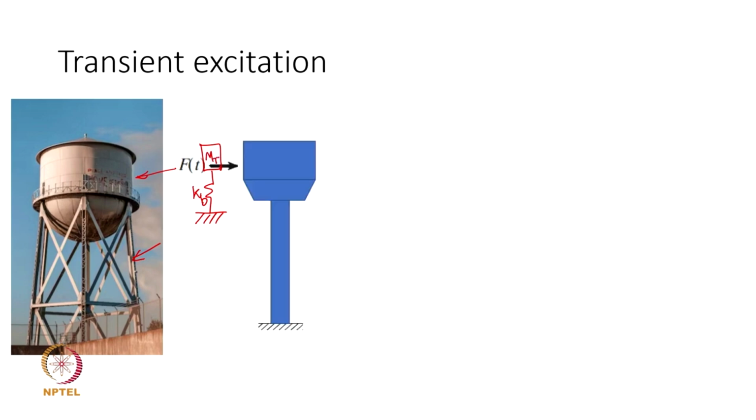system. So, if I consider the overhead tank structure to be a simplified vibratory model like this, with the column structure represented as a simple beam, and then a mass sitting at the top, and then a force acting on it as a transient excitation.